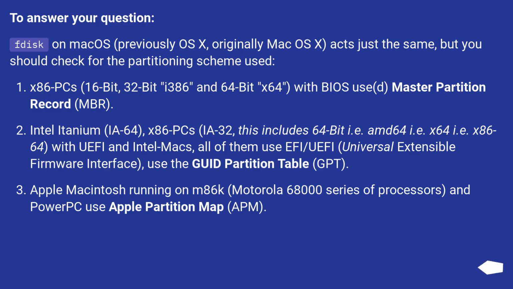Intel Itanium, IA64, x86 pieces, IA32, this includes 64-bit AMD64 and x86-64, with UEFI and Intel Macs, all of them use EFI/UEFI, Unified Extensible Firmware Interface, and use the GUID partition table, GPT. Apple Macintosh running on M68K, Motorola 68000 series of processors, and PowerPC use Apple Partition Map, APM.